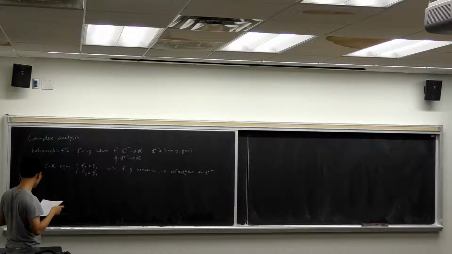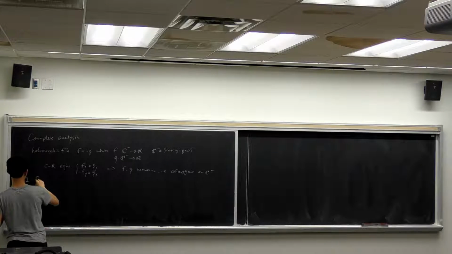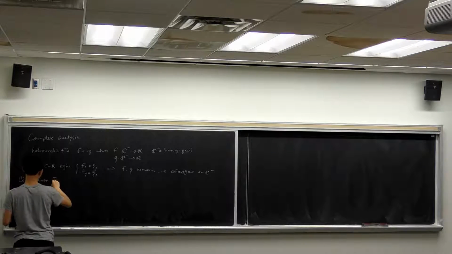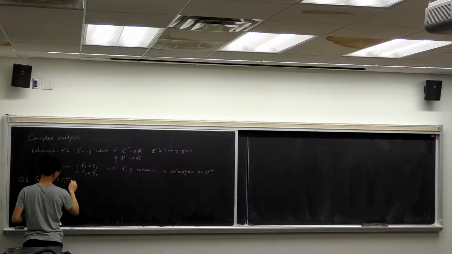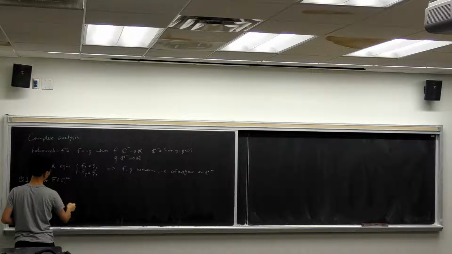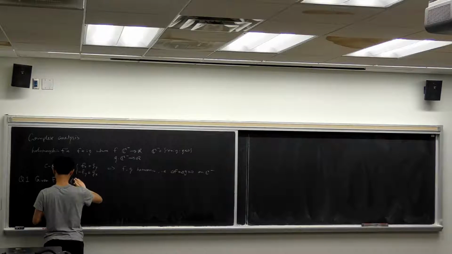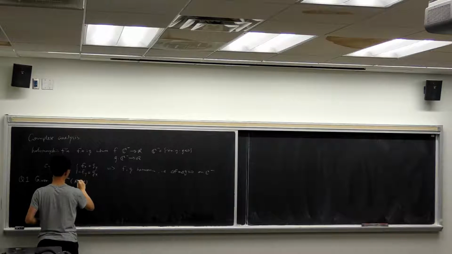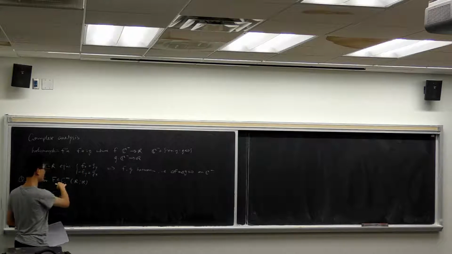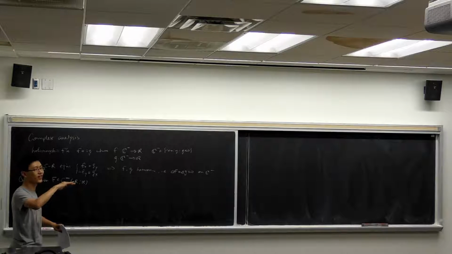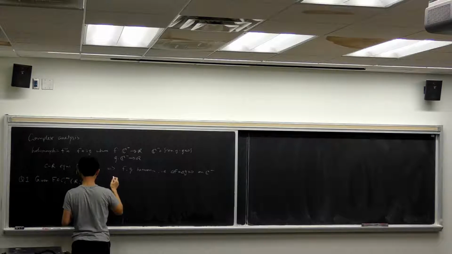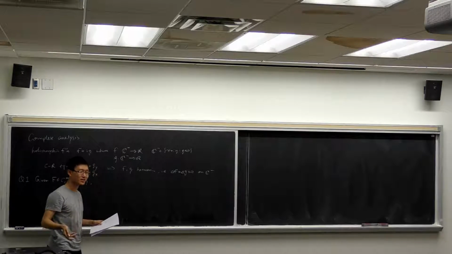So the first question is going to be: given a function, the nicest you could ever think of, a smooth function capital F from R to R, so it's actually a function defined on the real line, I want to somehow define its harmonic extension.